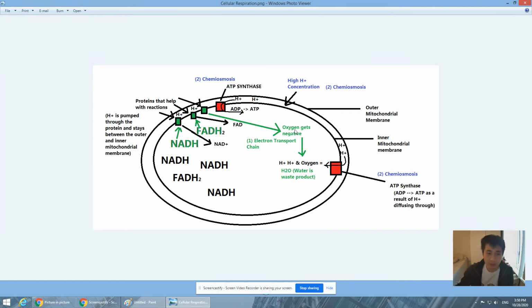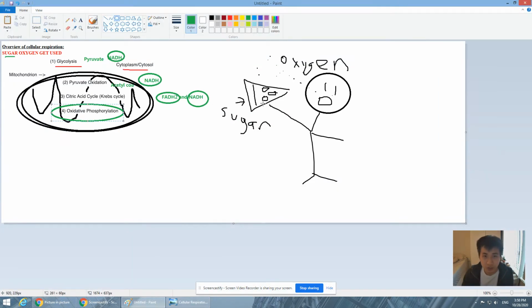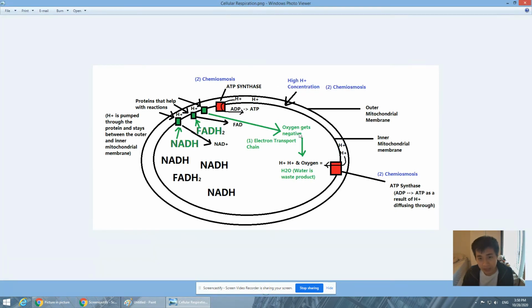So remember how we said you bring in sugar and oxygen? That oxygen is necessary in order to receive the electrons from these proteins. Where do these proteins get the electrons? They got the electrons from the NADH and the FADH2. So when the oxygen gets all of these electrons, right, it's going to be negative, and now it's going to be able to attach to 2 H pluses and become water, which is a waste product.